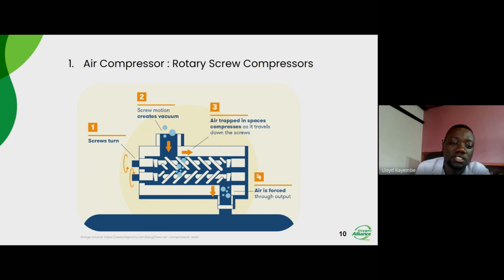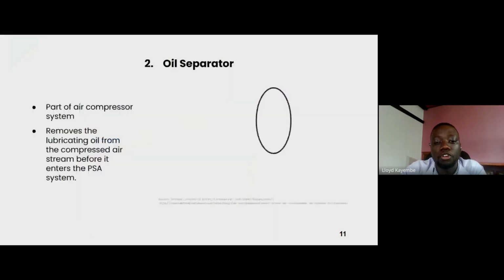This trapped air compresses as it travels down the screws, and the air is forced through the output. As the air is being compressed, oil is injected into the compression chamber. This oil acts as a coolant and a hydraulic seal between the screws, and this makes the compressor achieve high pressures.